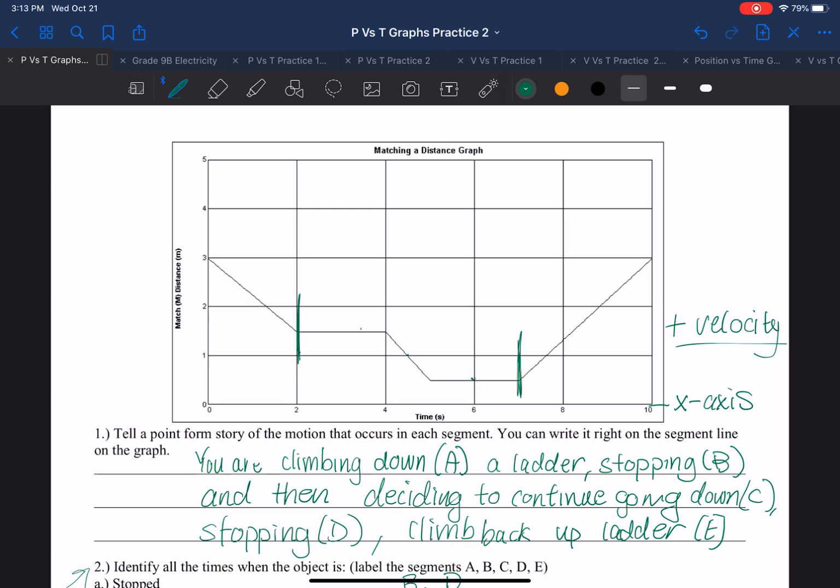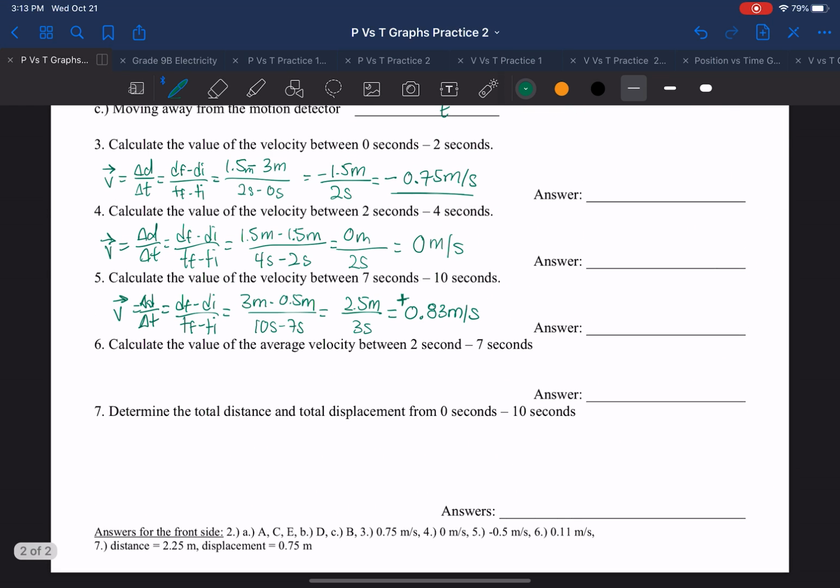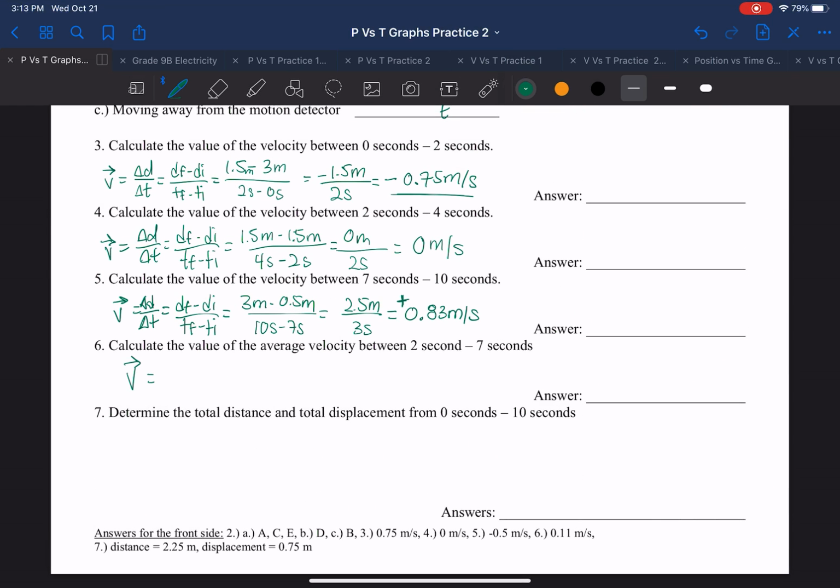So let's calculate for that. We're going to choose definite points. We know this is 7 seconds, so that will be our TF. This is our TI, and our DF is right here at 0.5, and our DI here at 1.5. So let's plug that in. Average velocity: DF we said was 0.5 minus 1.5 meters.